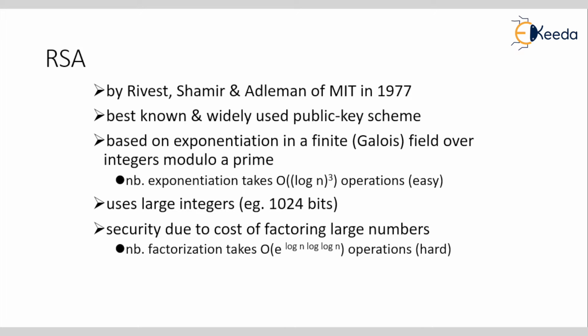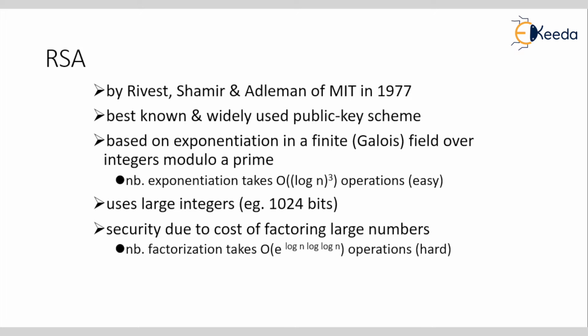It is based on exponentiation in a finite field over the integers modulo a prime number. We'll see in detail how this exponentiation works and how the modulo of a prime number takes place.